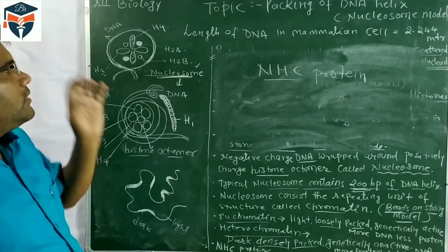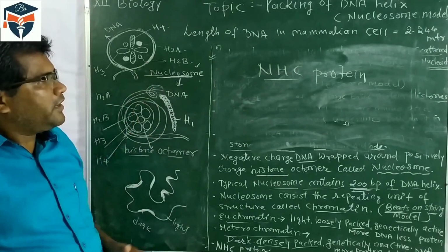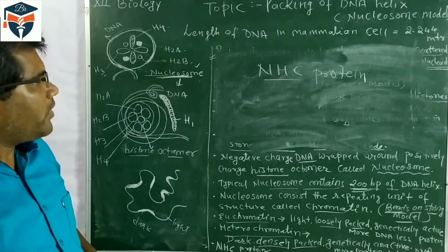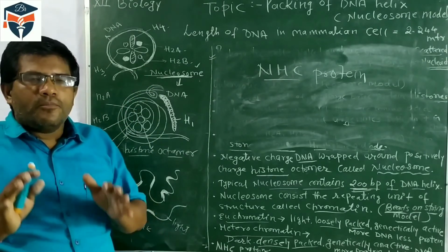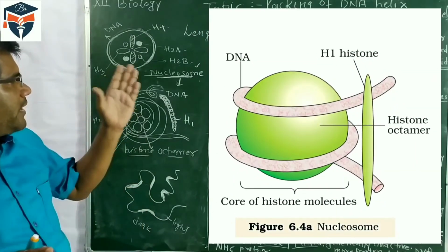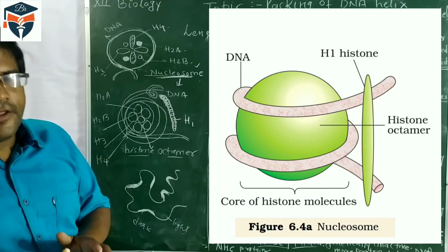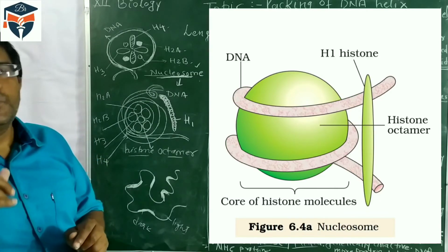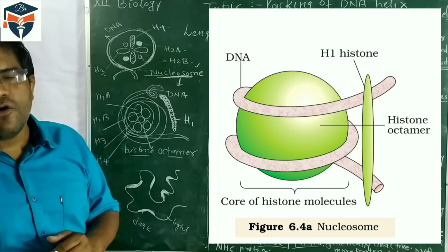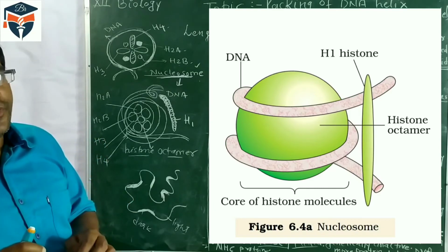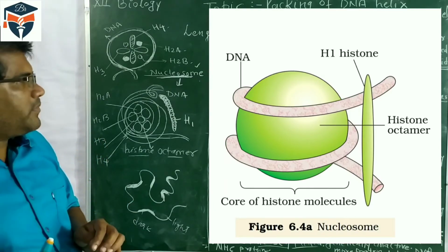So students, in DNA, the first thing we have learned is packing of DNA. You can see it in the diagram also. DNA is about 2.2 meters long in each cell of a human being.